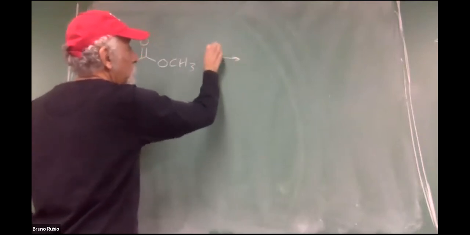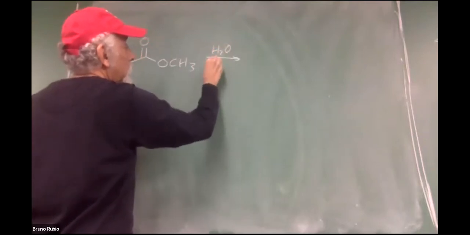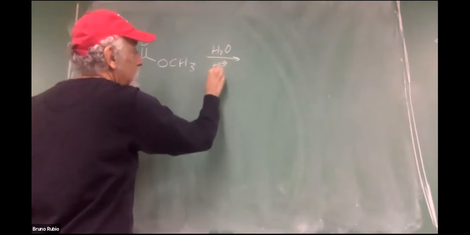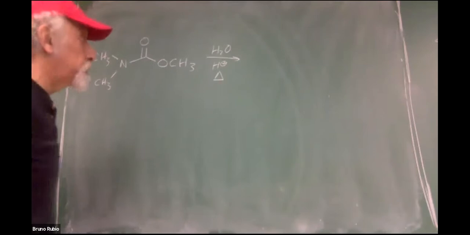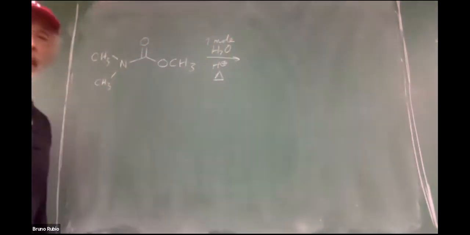React that with water, add acid, probably have to heat it, draw the structure of the product. Oh, and by the way, I only have 1 mole of water here. I don't have enough water to take care of both sides of this acyl derivative, just enough on one side. Draw the structure of the product.